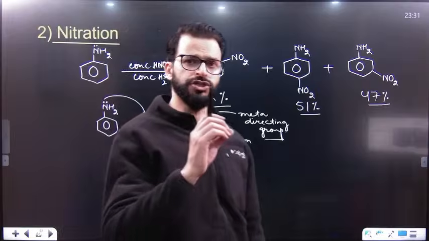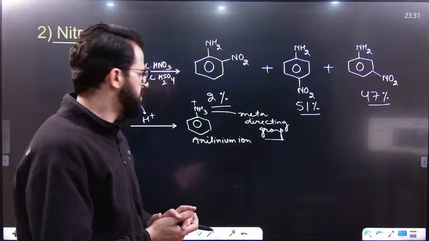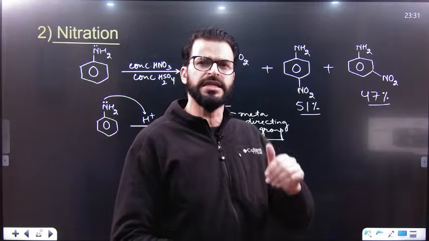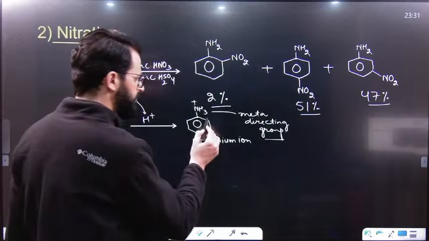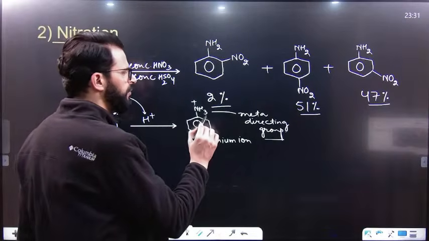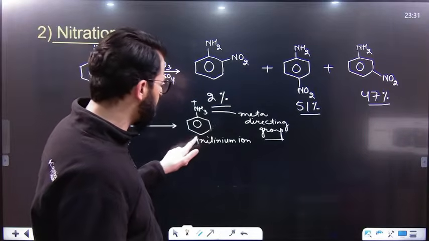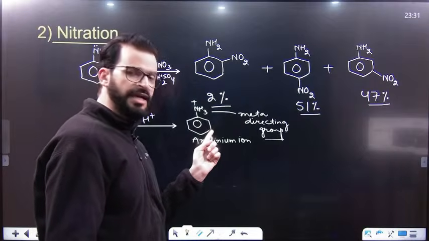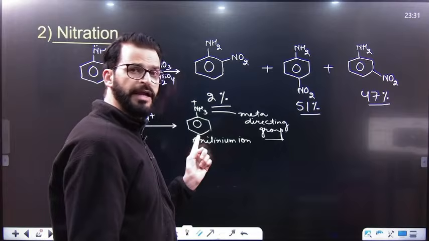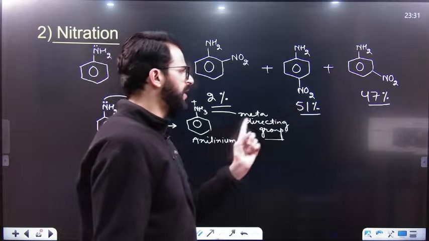So the position to which NH3 positive decreases electron density most is ortho. That means ortho is the most electron deficient position. That's why the electrophile will not go there as much. That's why it's only 2%. But among meta and para, meta is more electron deficient as compared to para due to NH3 positive. That is why the electrophile prefers the para position much more. That's why it is 51% and 47%.